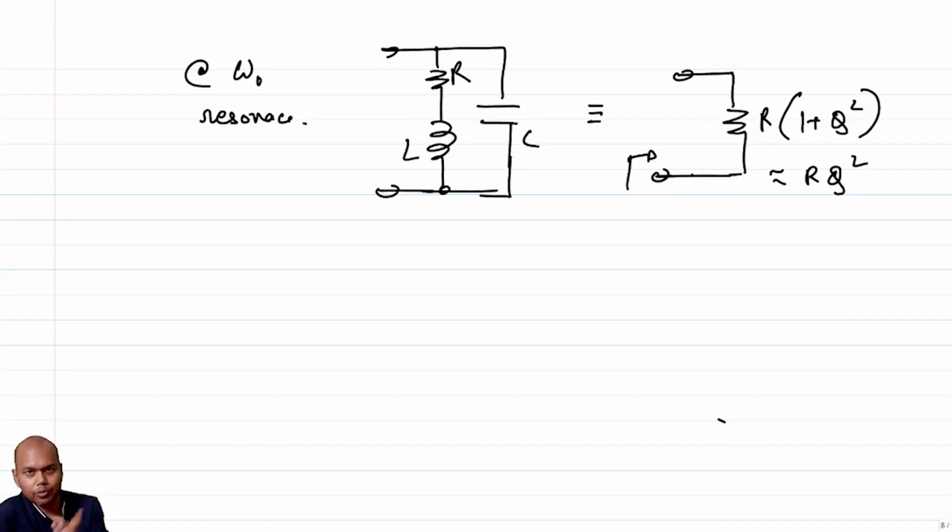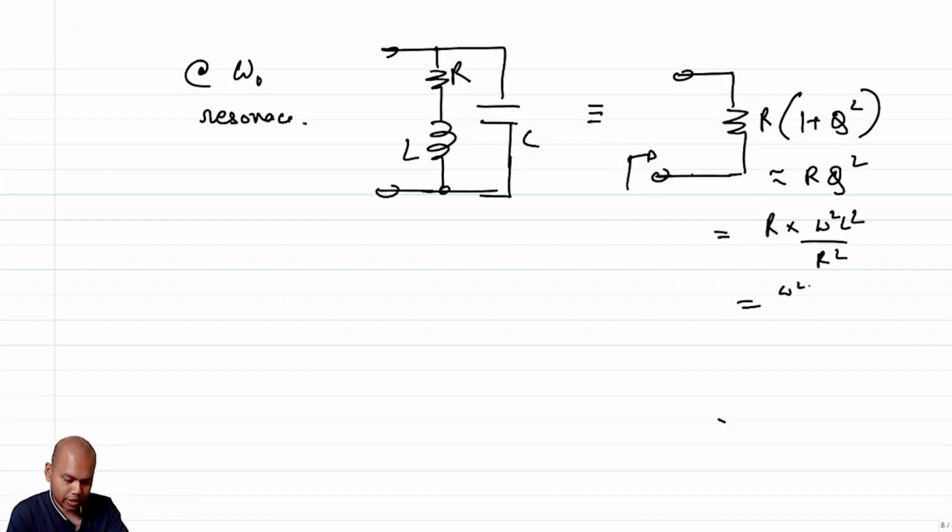Just note again that Q is omega L over R, so if I write it out, this becomes R times omega squared L squared by R squared, so this is omega squared L squared by R. So at resonance, your input impedance also increases.